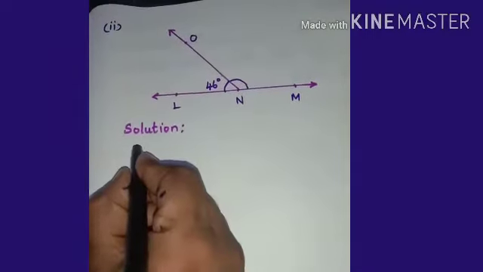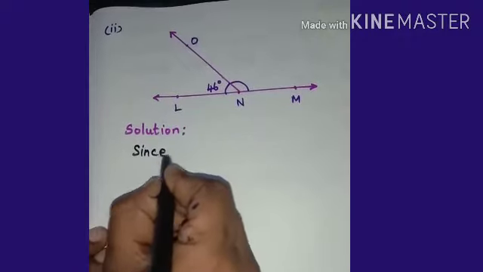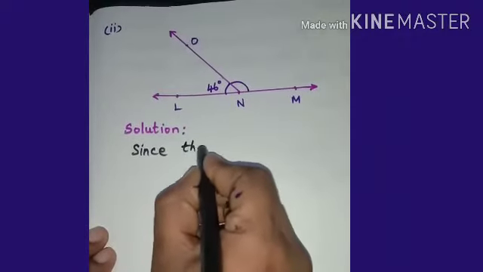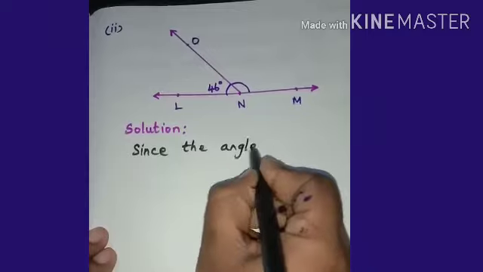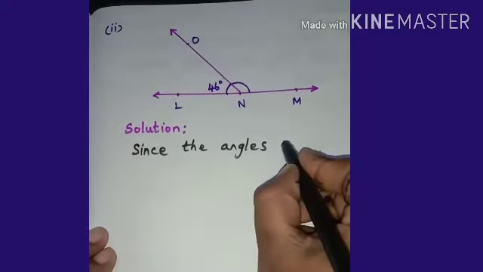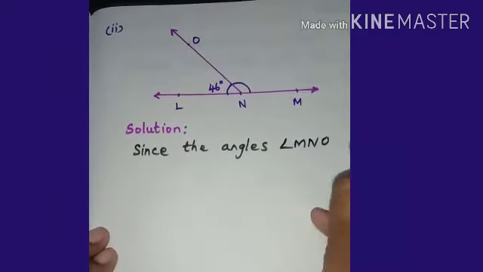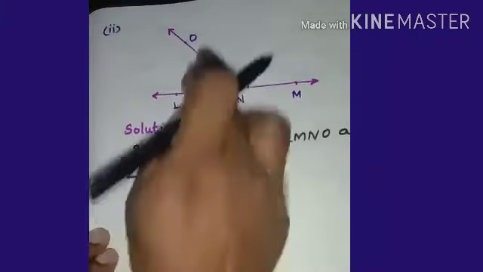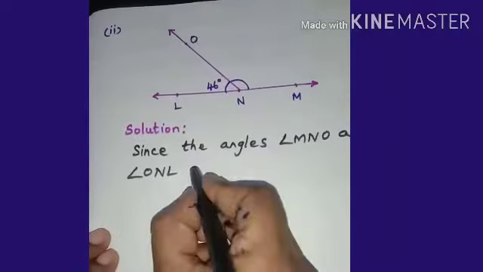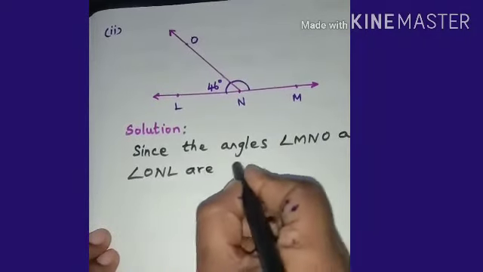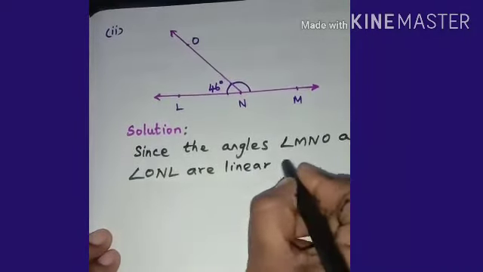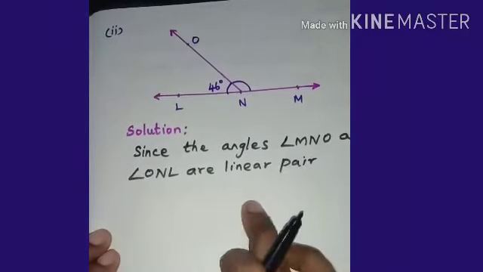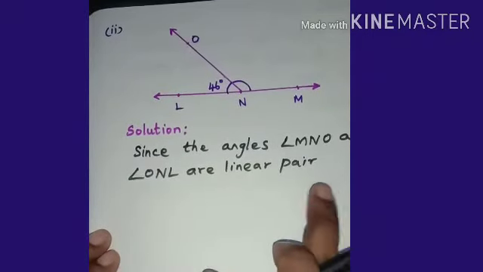Now since the angles LNO and ONM, the adjacent angles, are a linear pair. Linear pair means the adjacent angles that are supplementary.